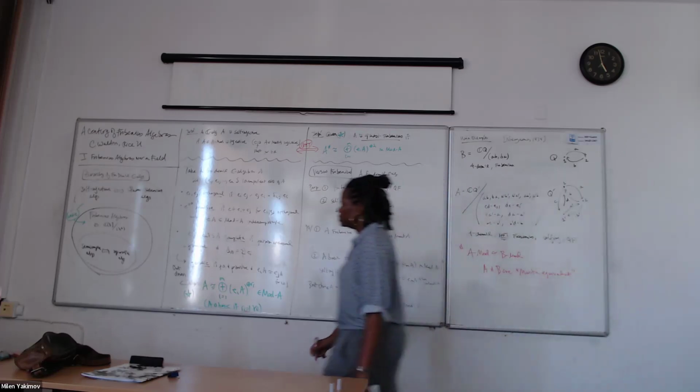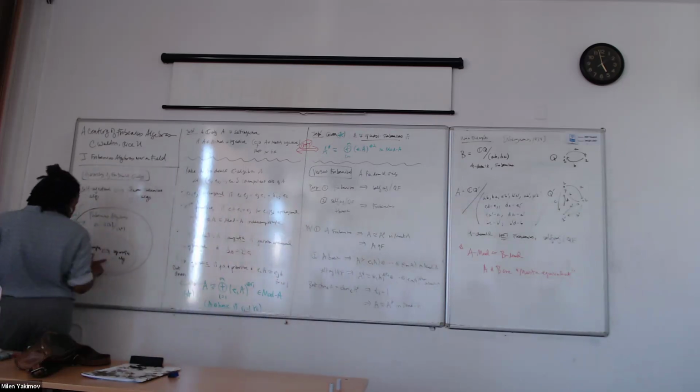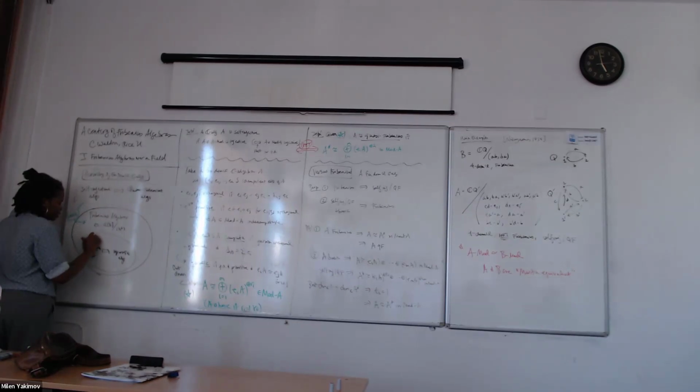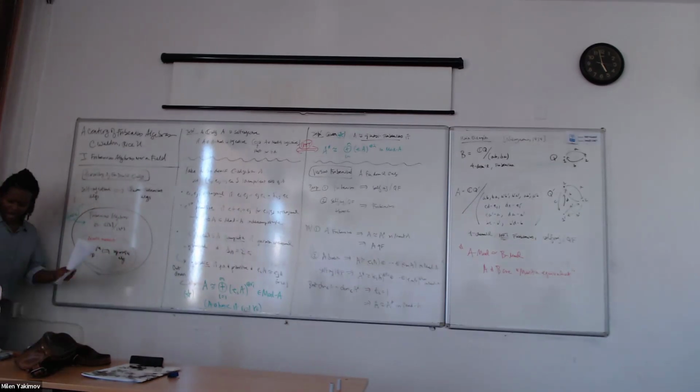So what we end up getting over here is that this property of being semi-simple is Morita invariant. If you have two algebras that are Morita equivalent, both of them are either simultaneously semi-simple or not.